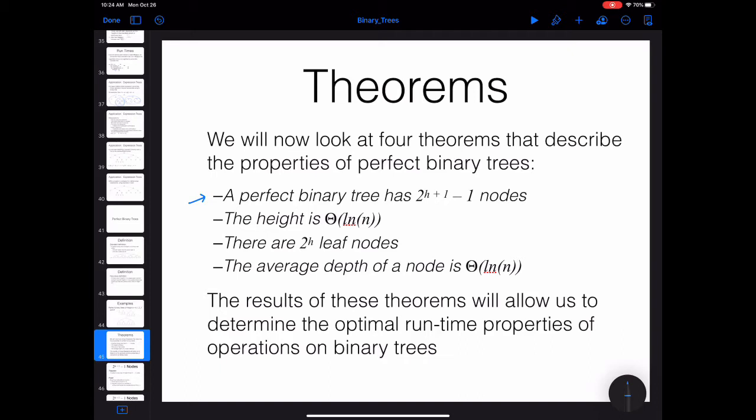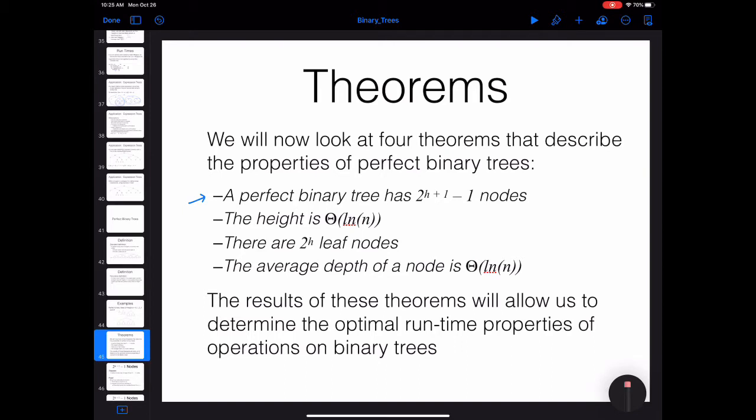I just discussed it here, but I'm going to prove it with a more formal mathematical proof. To be able to prove not only that theorem, I'm going to show you 3 other theorems. If I have a perfect binary tree with n nodes, I know that the height is going to be in theta of log of n.